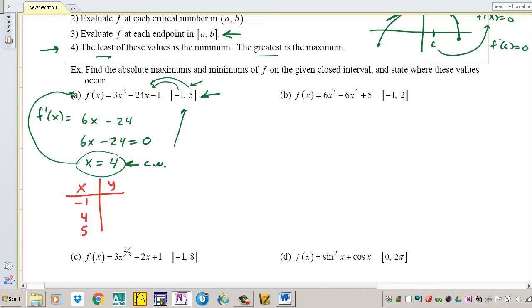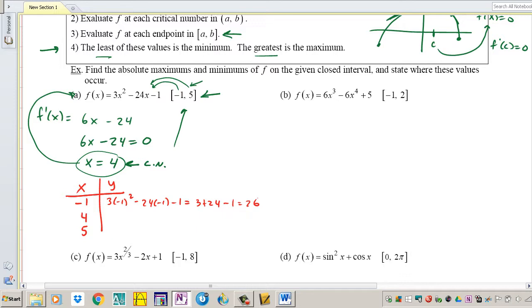If we plug -1 into f of x, then it's 3 times -1 squared minus 24 times -1 minus 1, and that is 3 plus 24 minus 1, which is 26.